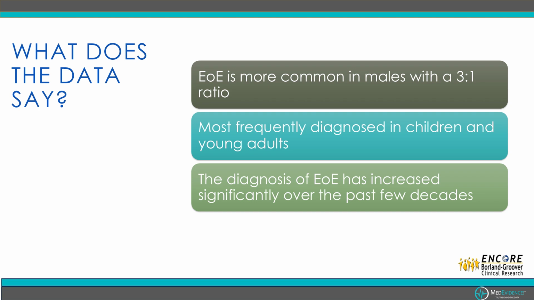And EOE has increased significantly over the past few decades. We're recognizing it more, but we think it's in general a part of the avoidance of different types of antigen exposures.